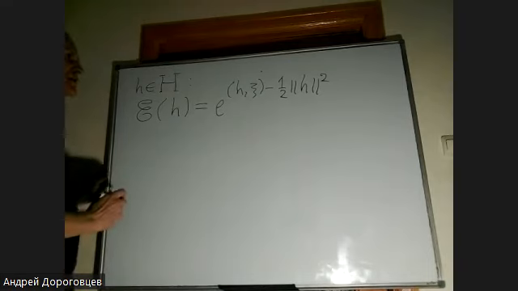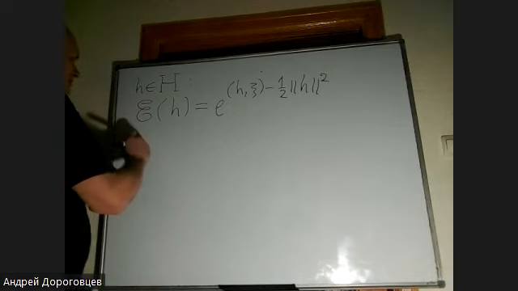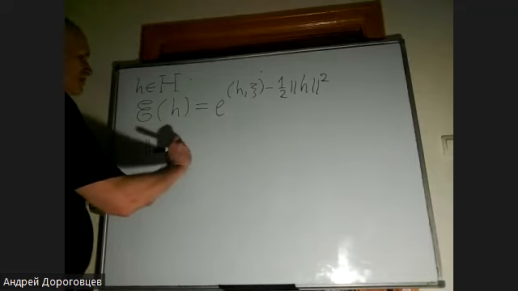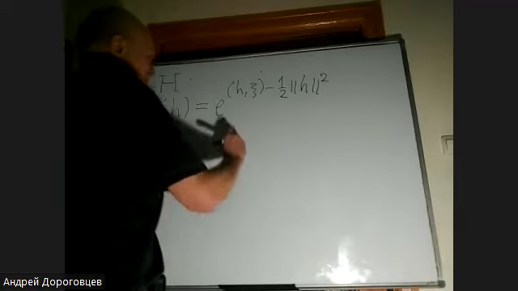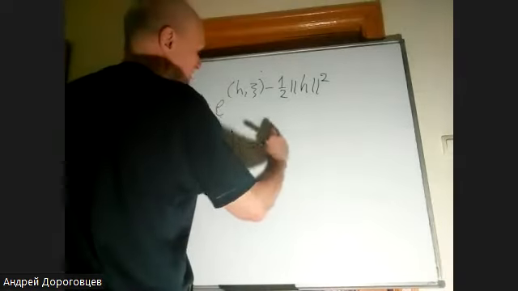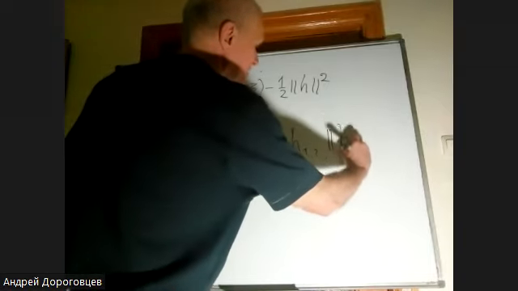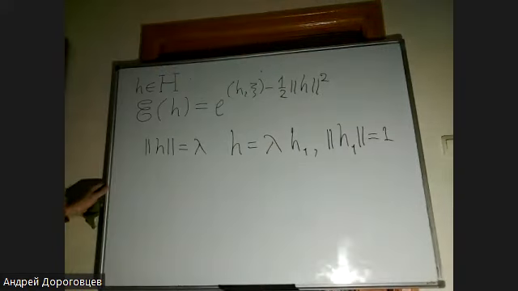Suppose that the norm of h, for simplicity, I denote by lambda. Then h is equal to lambda h1, where the norm of h1 is equal to 1. Then I can rewrite this.